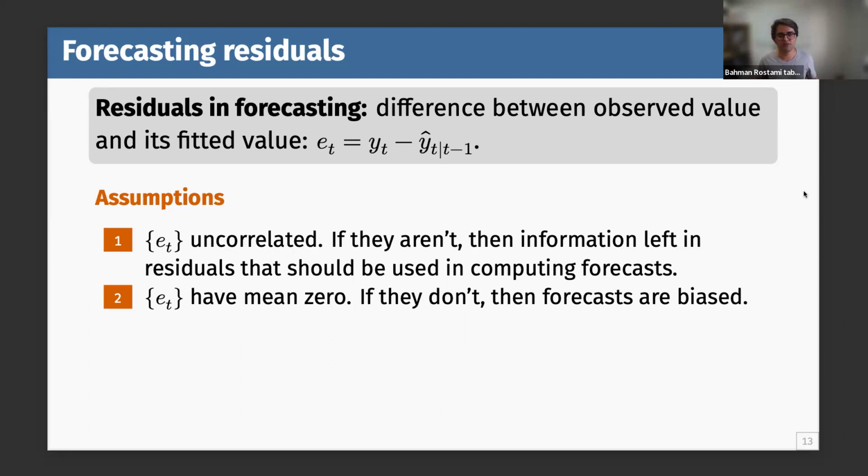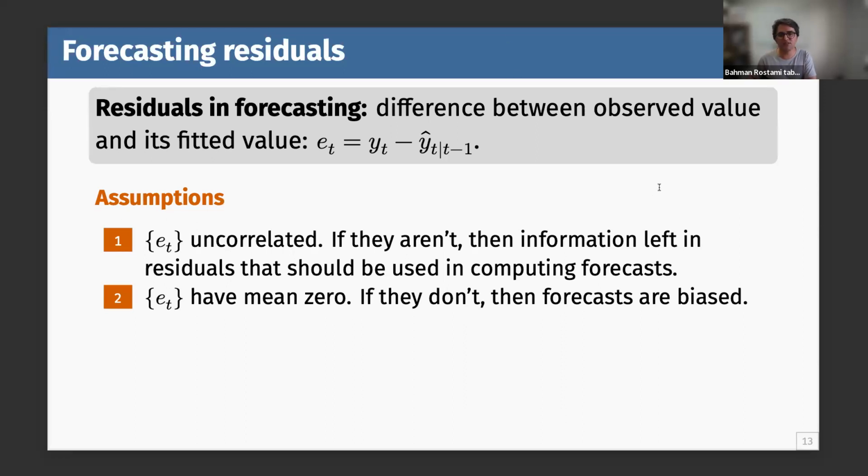But this is not a good thing, because if something is left, it means we could do something interesting with it, but we didn't. So an idea would be to see whether you can find a better model, or maybe include a term, a predictor, that could help you improve the modeling. So that's one thing we look at in the residuals.